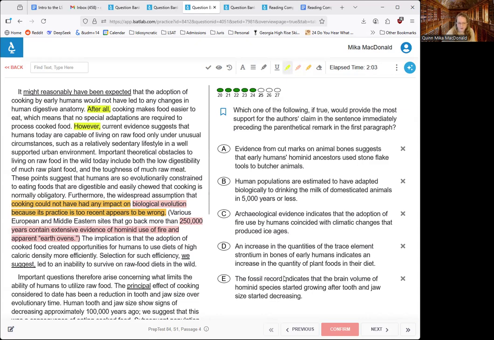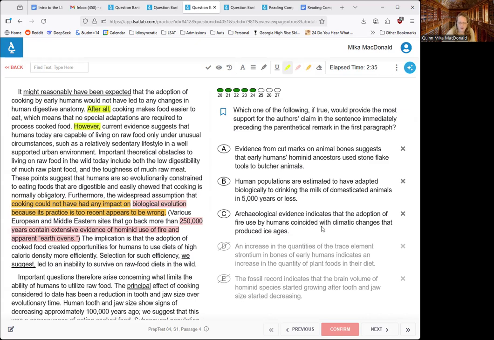So I look at these answers and I go, E, hominid species started growing after tooth and jaw size started decreasing. That's still not really telling me how fast that happens. It just says that they started growing. Not quite there. Maybe if there wasn't a better answer here, I might like E, but I don't think E is really getting us where we need to go. Plant foods, I don't know why that would matter.